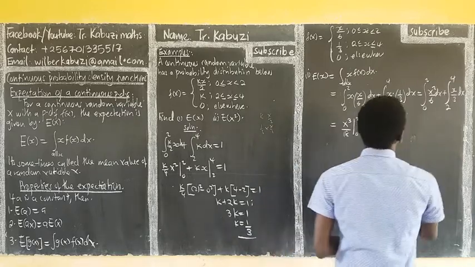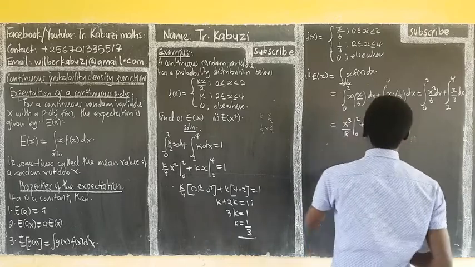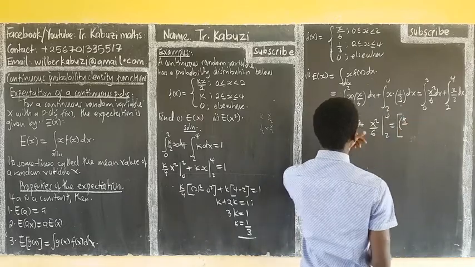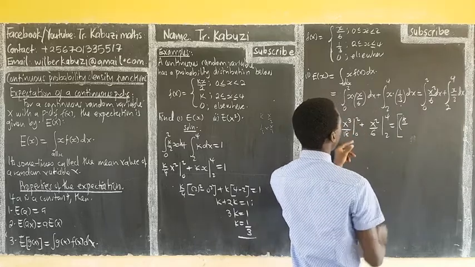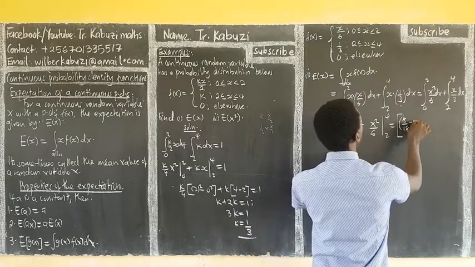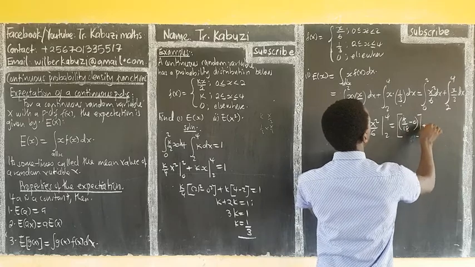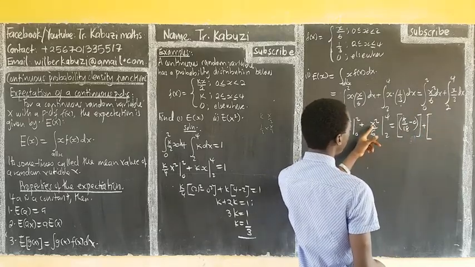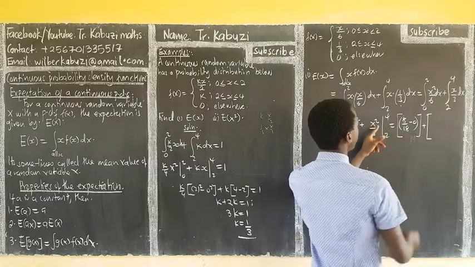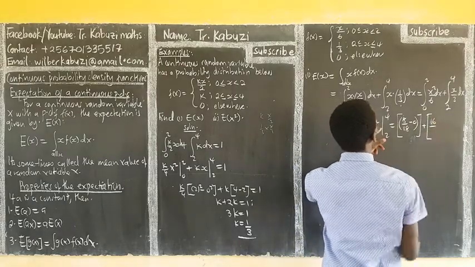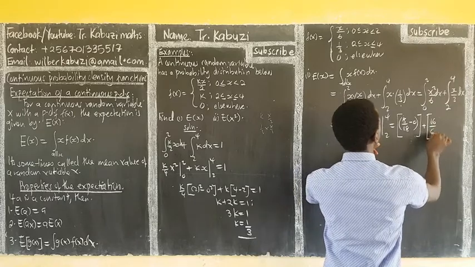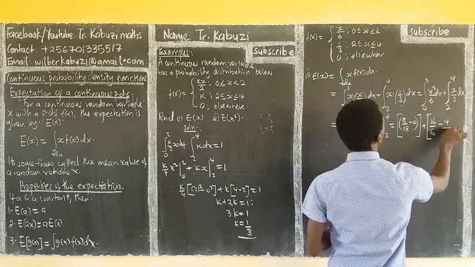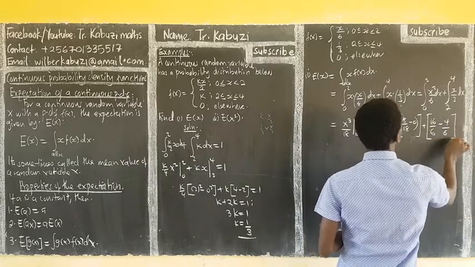If you substitute the upper and lower limits, when you cube 2 you get 8 over 18 minus 0. Then plus, for this one, when I substitute 4, I get 16 over 6, minus, when I substitute 2, 4 over 6.